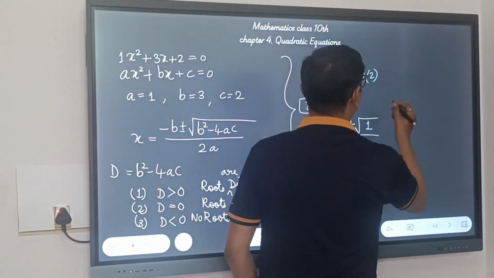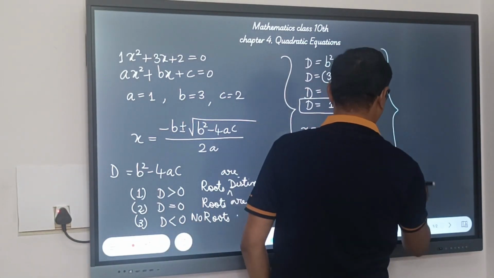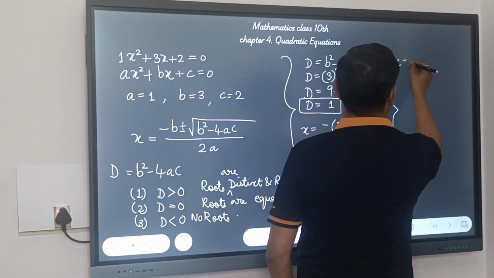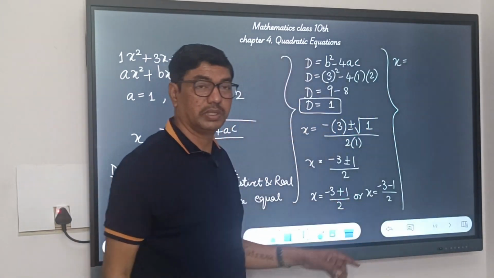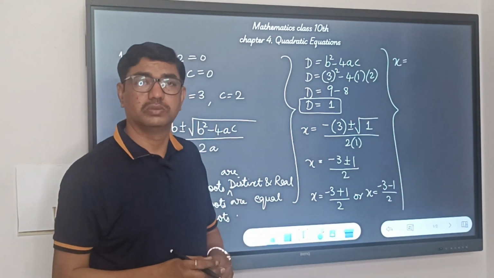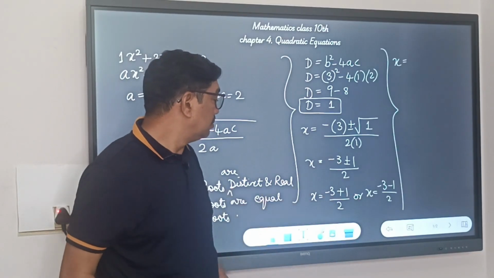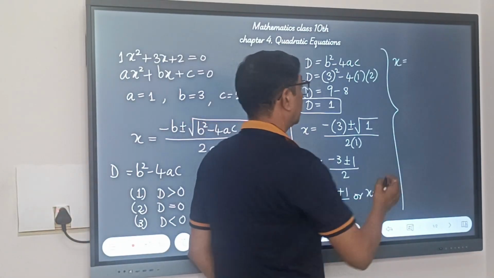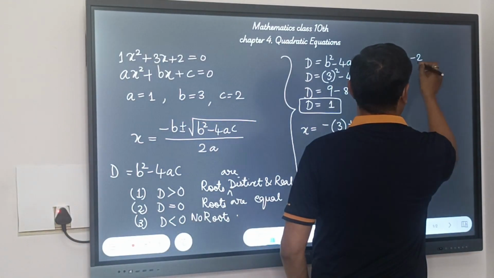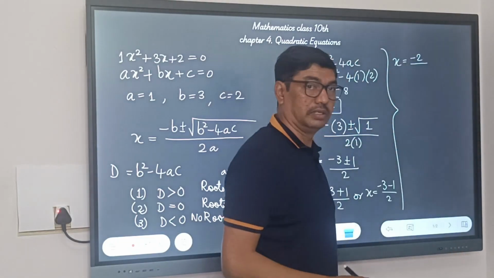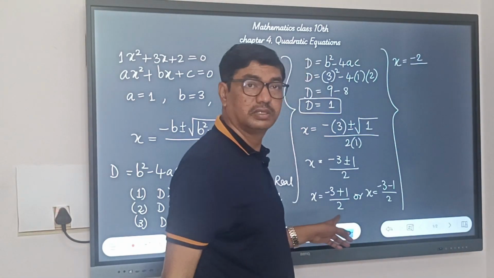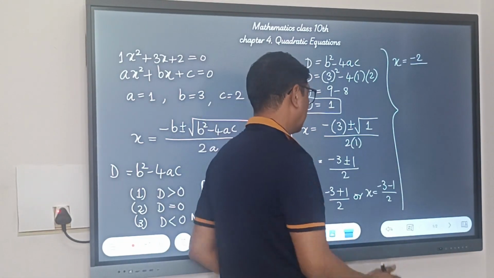So x is equal to minus 3 plus 1. Minus 3 is the bigger number, so 1 minus and 1 plus is there, you have to subtract, and minus 3 plus 1 is minus 2.